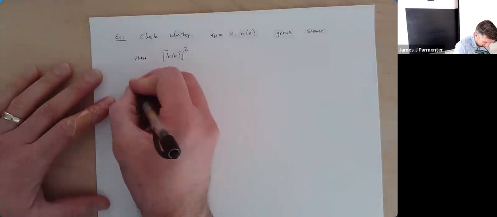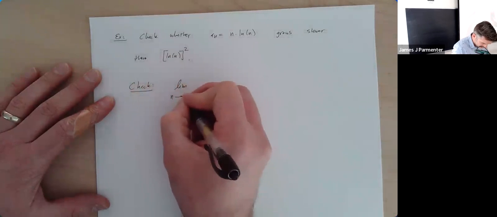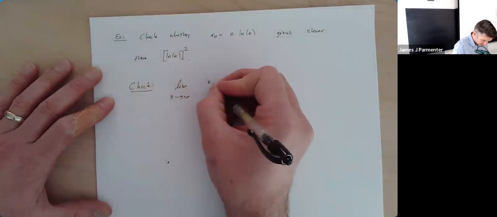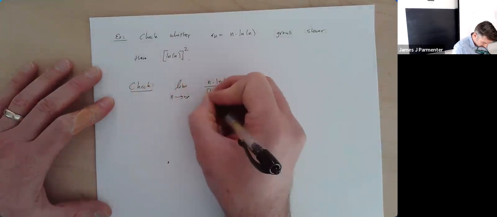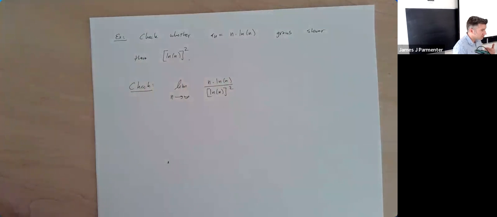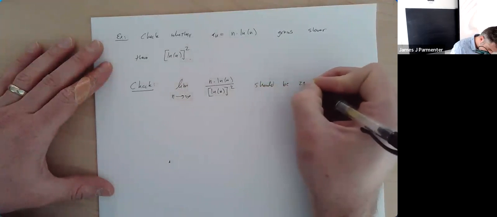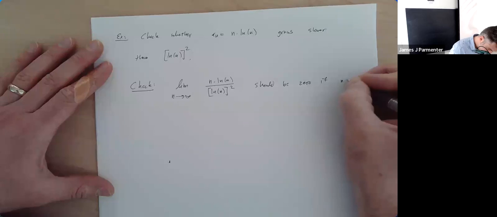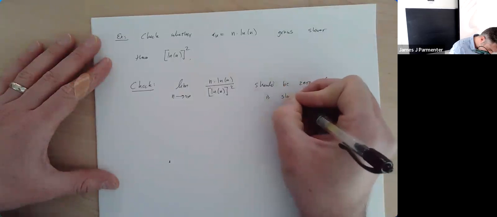So I'm going to check the limit as n goes to infinity of the proposed slower thing over the proposed faster thing, which may not actually be true, but that's the way I'm going to write it. Now, if the thing on top is the thing that grows more slowly, this limit should be 0 if natural log of n is quote unquote slower.